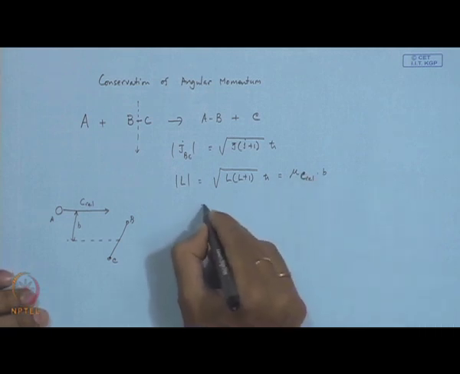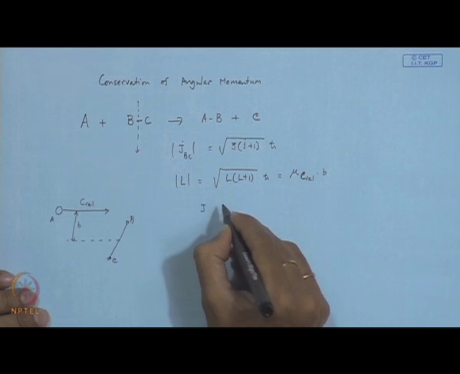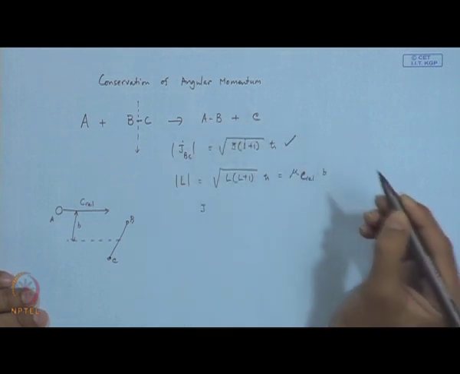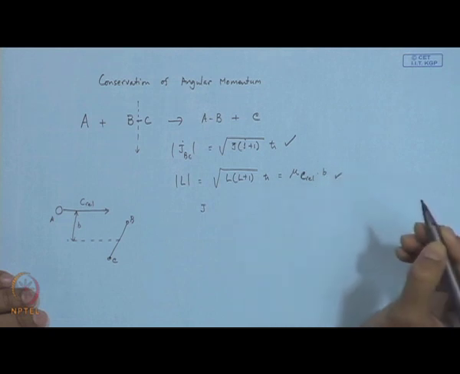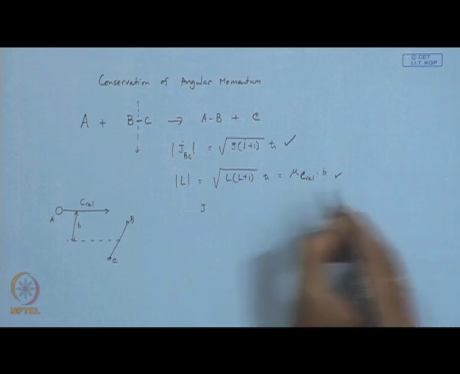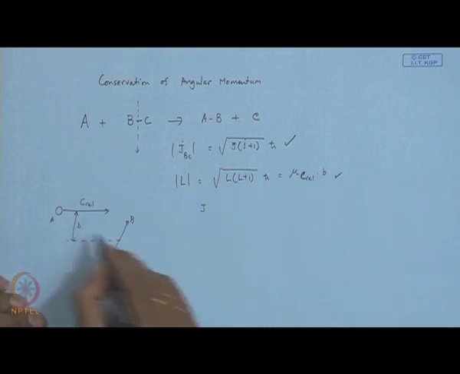So, total angular momentum. Okay. So, rotational angular momentum is this and orbital angular momentum is this. So, in computing the orbital angular momentum, you have to make use of this diagram. Okay.